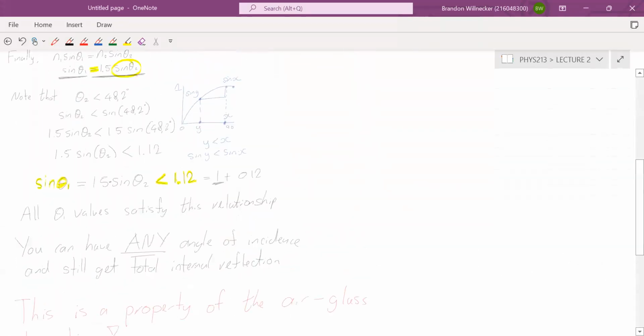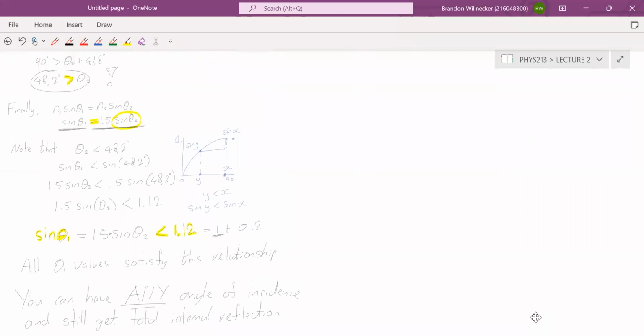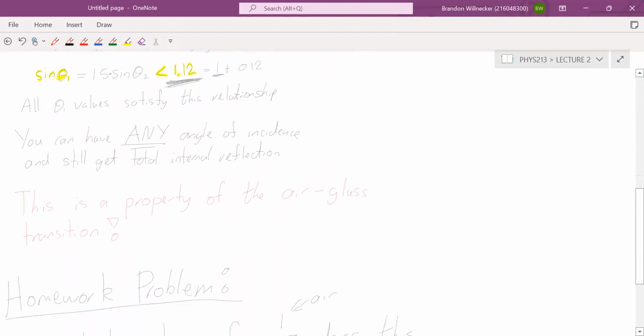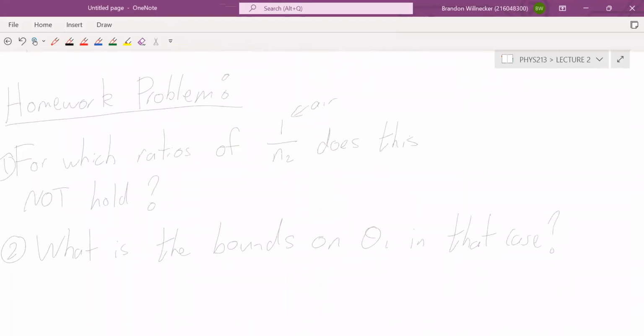So we see that in this case, if we look at air to glass, it gives us something that is always bigger than 1 in this case. And if it's always bigger than 1, then it always holds. So when does it not hold? Okay, what ratio limits the value of theta 1? And part two, if this theta 1 is limited, what is the bounds on it?